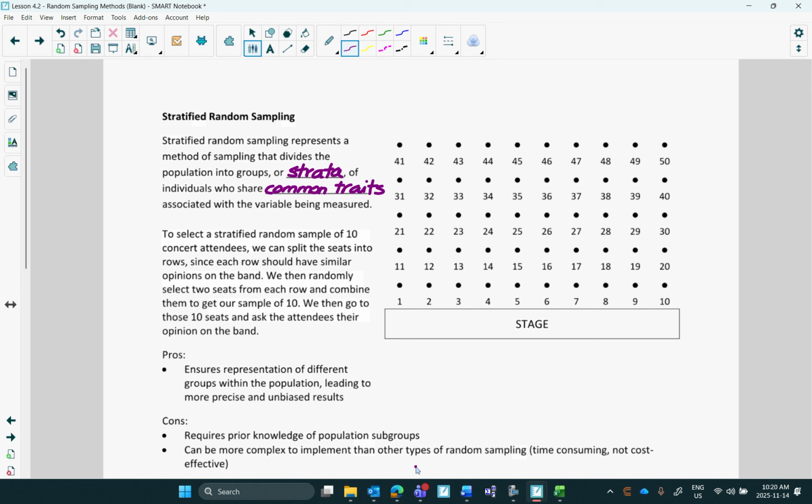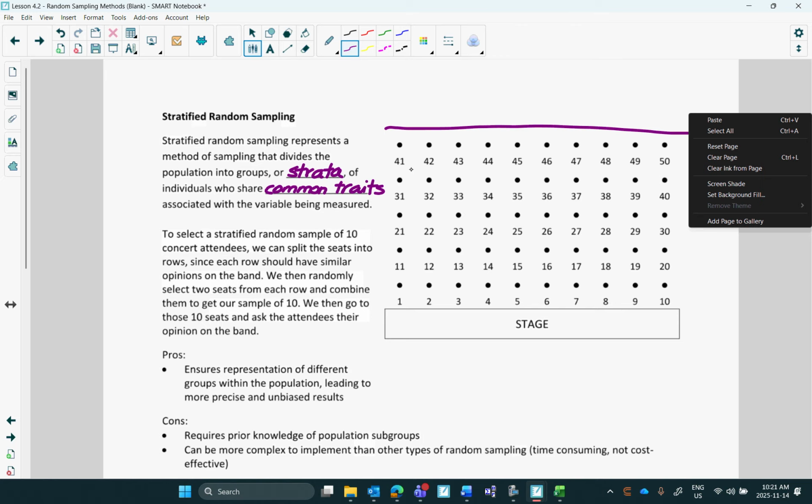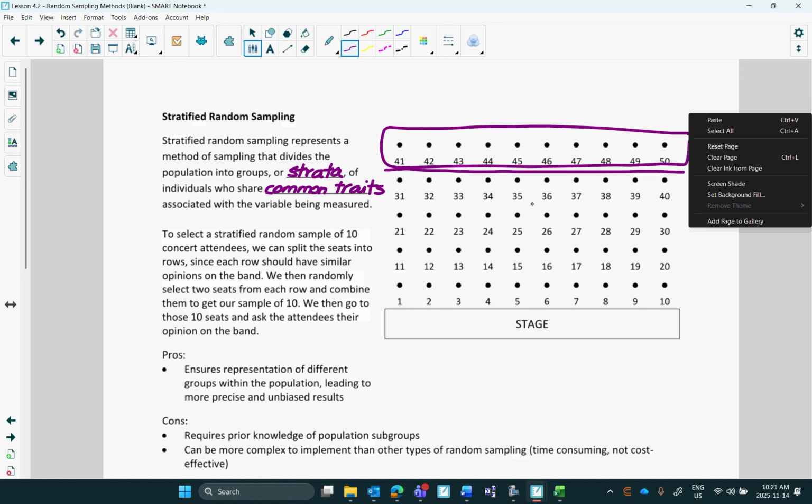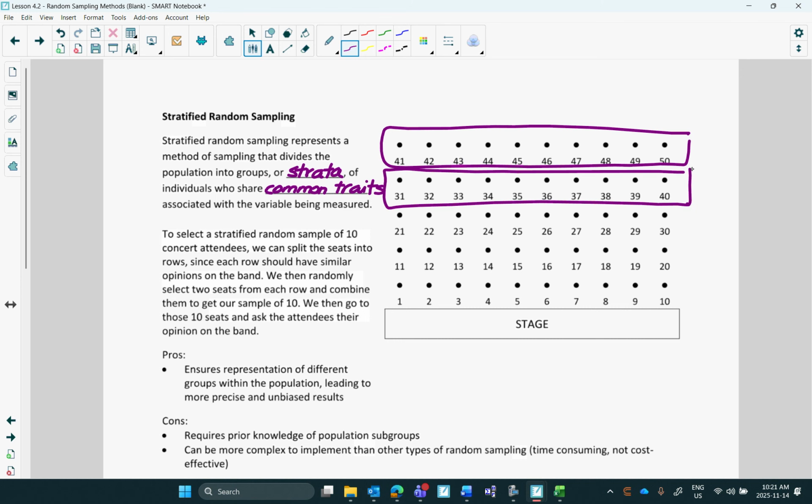How could we group them so that their experience with the band would be very similar? By rows, right? Because chances are this group might have a different experience than this group, the one that's closer to the stage. So what we could do is we could say, okay, we're going to make 5 groups of the rows.